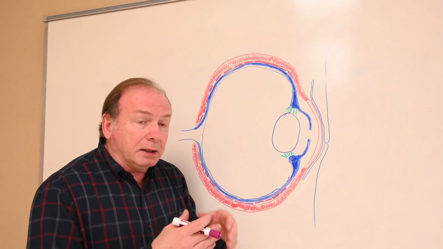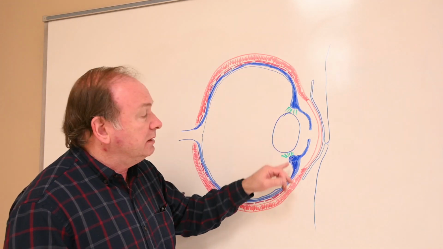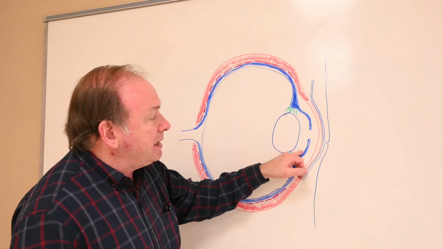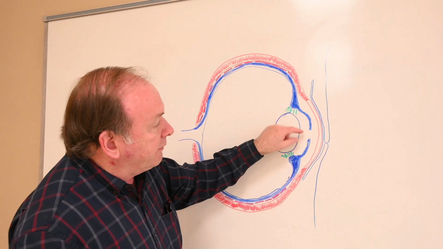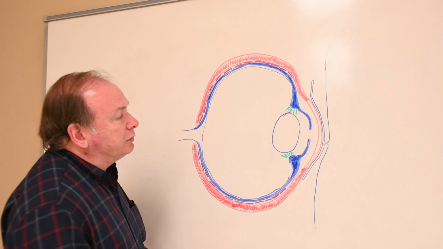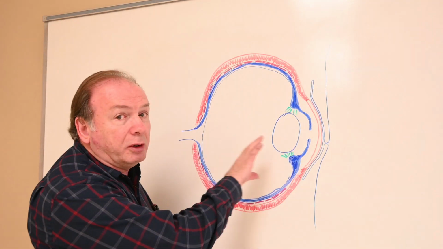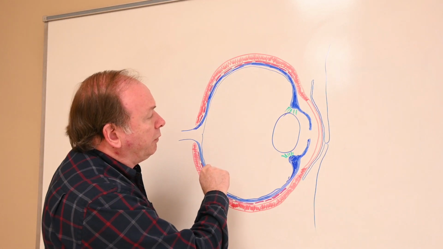Some of that layer extended out here to form a connection to the lens. Here is the ciliary body, and part of it extends out here to form the iris of the eye out in front. So that's all from that original outgrowth of the brain.